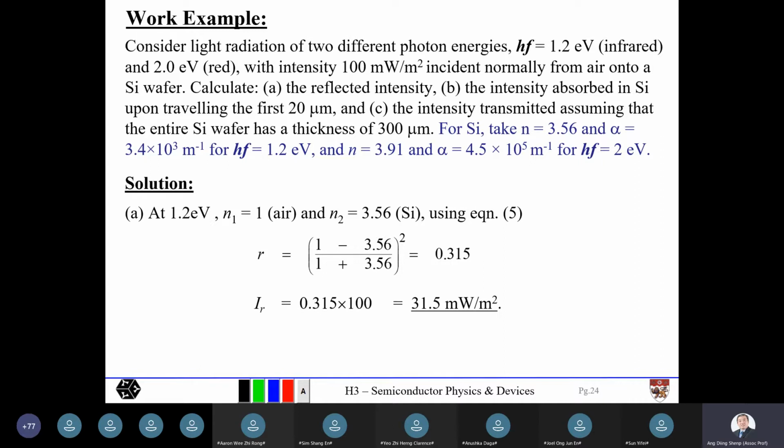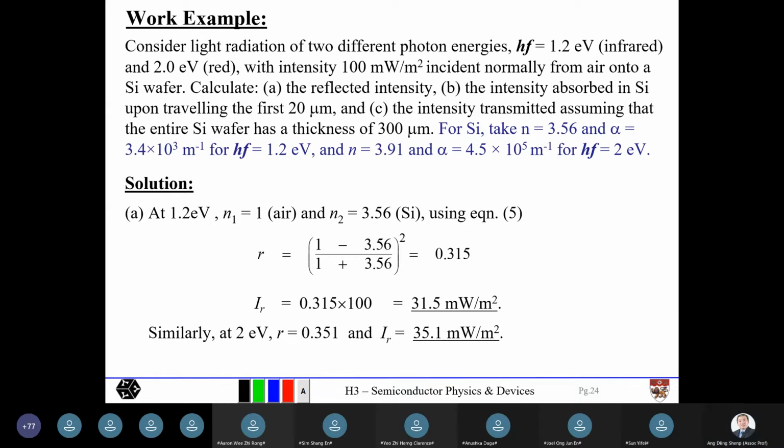So after calculating the reflectivity, we can calculate the amount of light reflected, which is part A. It's 31.5 milliwatt per meter square, which means 68.5 milliwatt per meter square of light intensity will be transmitted.